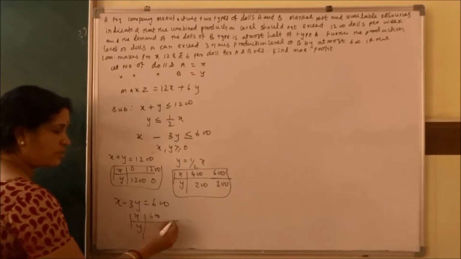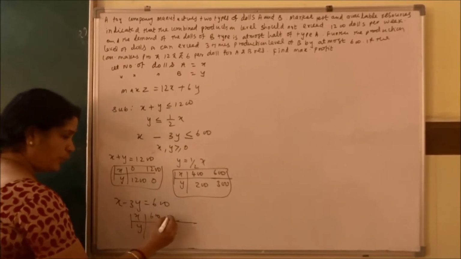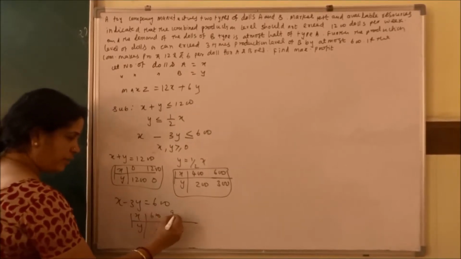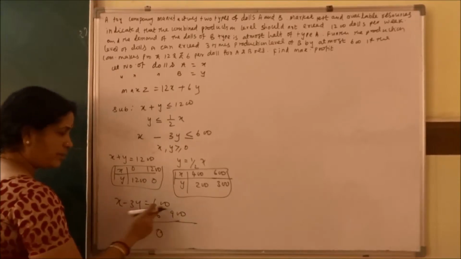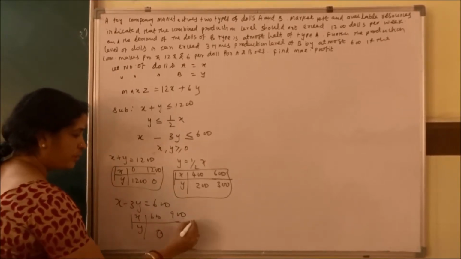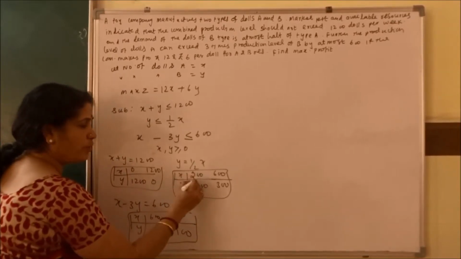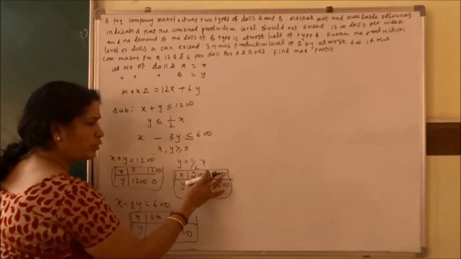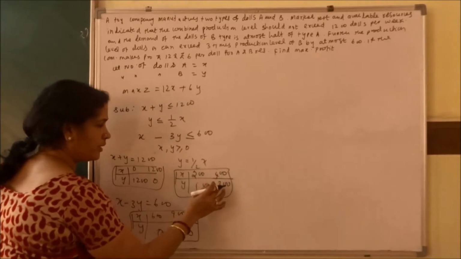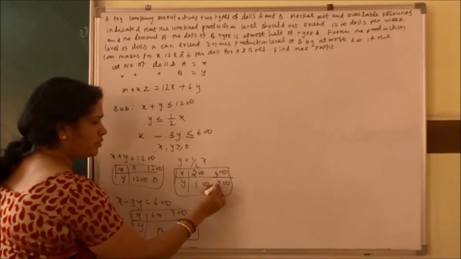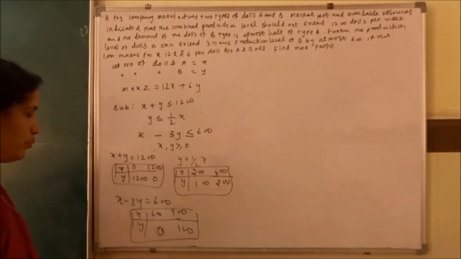If I keep 600, then I get 0. If x is 900, then you get 100. Clear to you? Also, if you want to take 1200, you will get 200 like this, or 1500, and so on. A gap of 100 you can take.